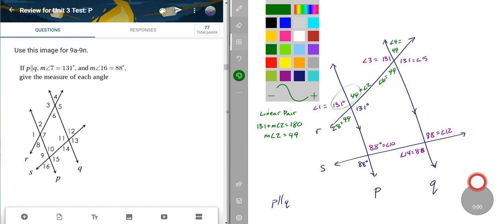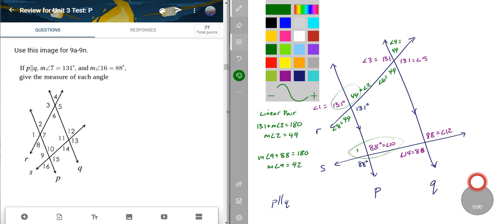Other side, this is the same type of thing, right? So we're looking, this will be the measure of angle 9 is what I've circled, plus that 88 will equal our 180. Subtract the 88 on both sides. Our measure of angle 9 is equal to 92.